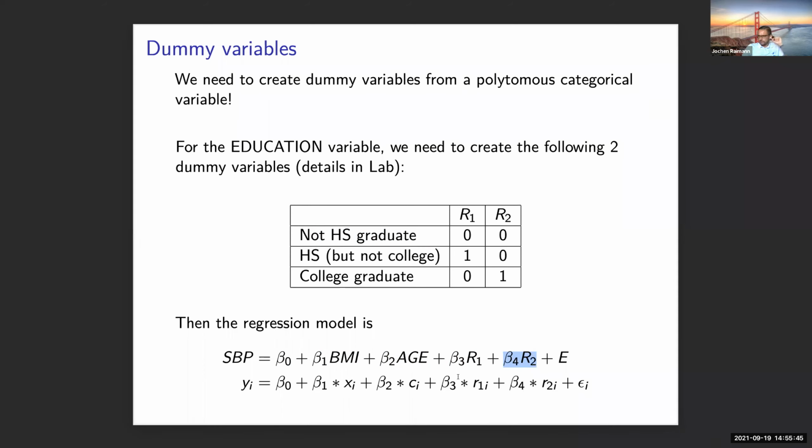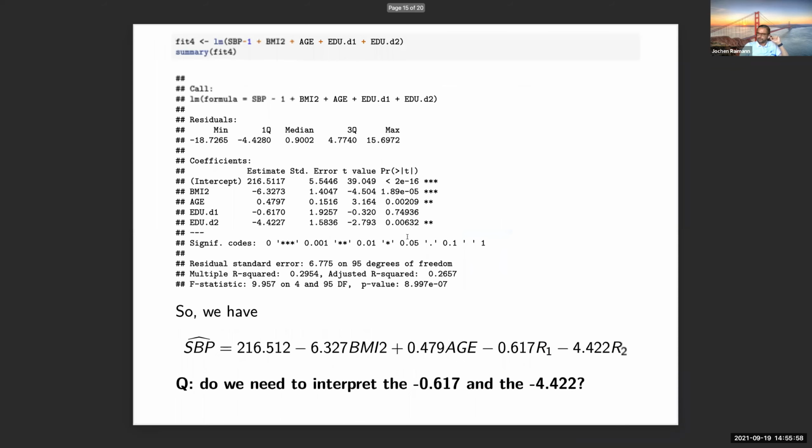Consequently, the reference group here is the one with all zeros, right? So our reference group are those that are not high school graduates.